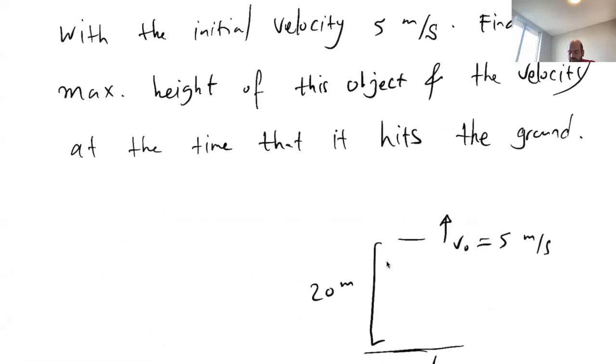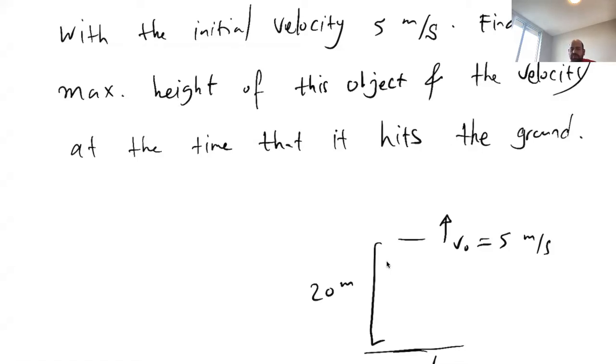Now we want to know the maximum height. Just imagine the object, you throw it upward from a height of 20 meters. So it goes up a little bit. At some point it will stop and then comes down. So the time that it stops, that's the maximum height.